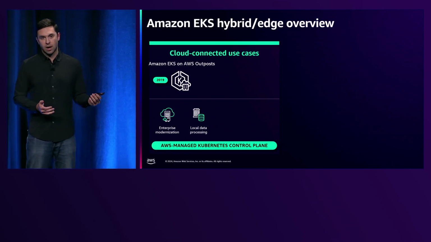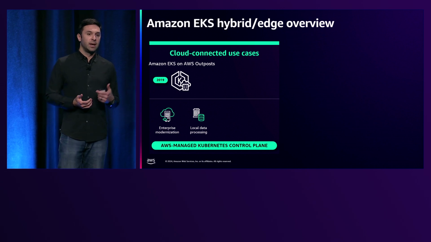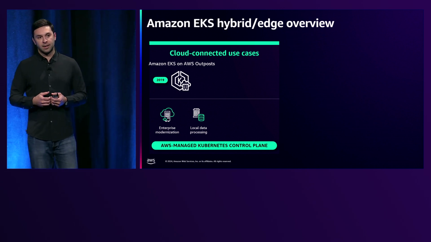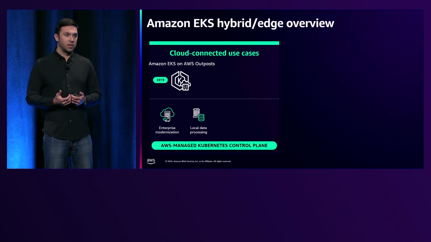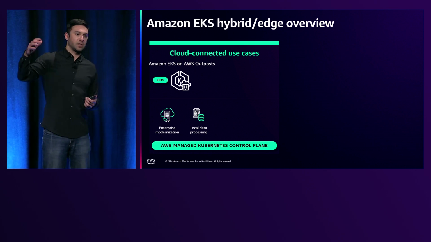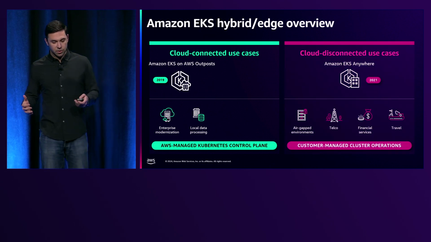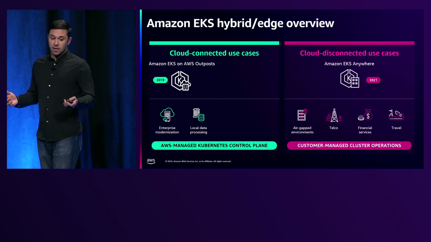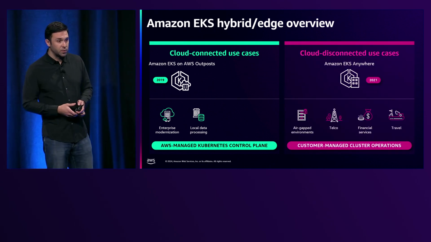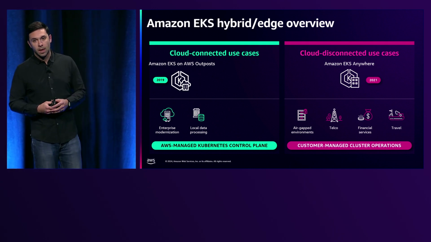This type of customer had applications running in disconnected or intermittent connectivity environments, or they had very strict networking requirements such that they can't connect to external entities outside their data center or edge locations. And this led us to build EKS Anywhere, which we launched in 2021, or EKSA for short.